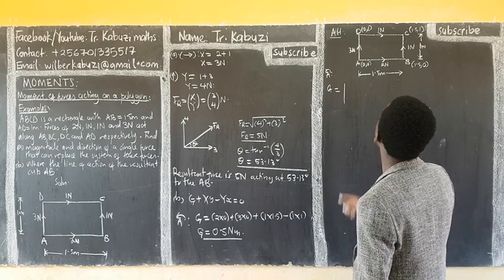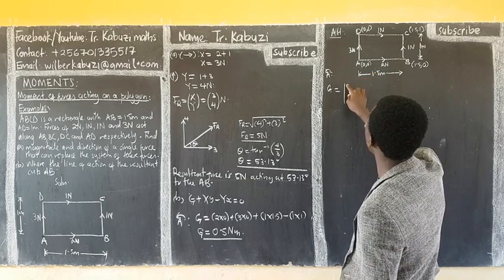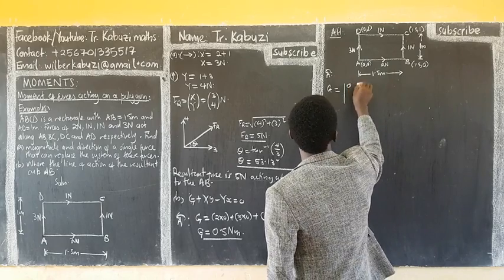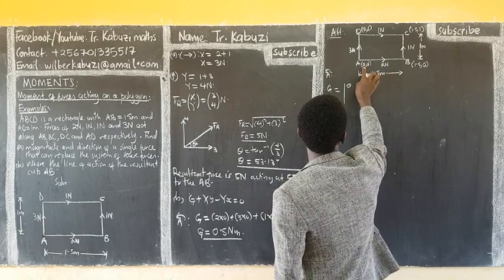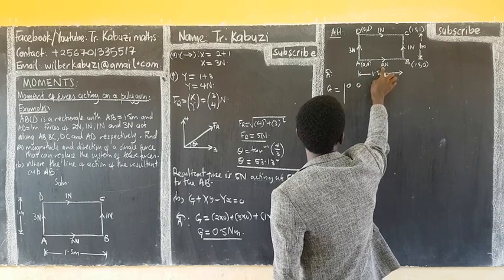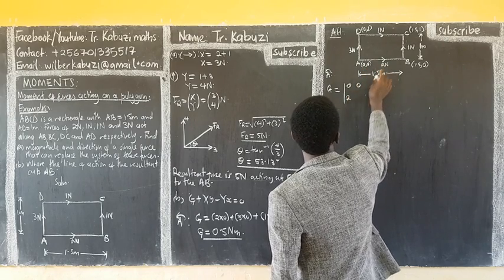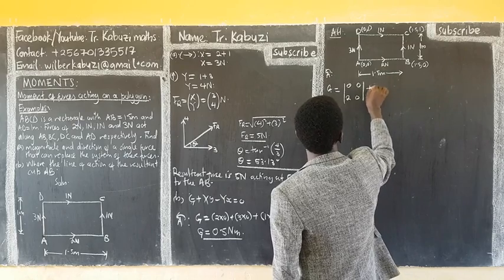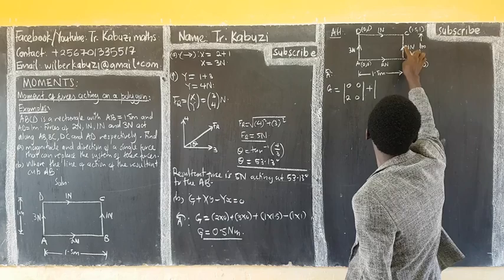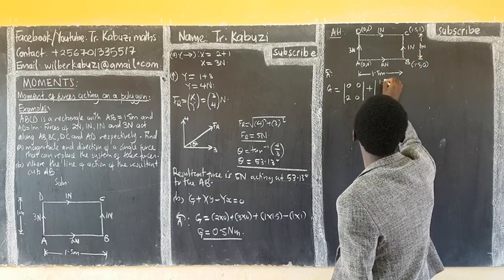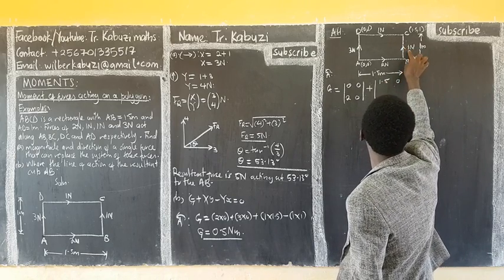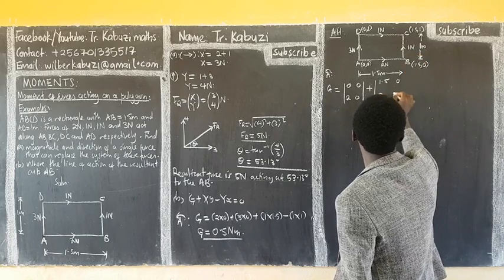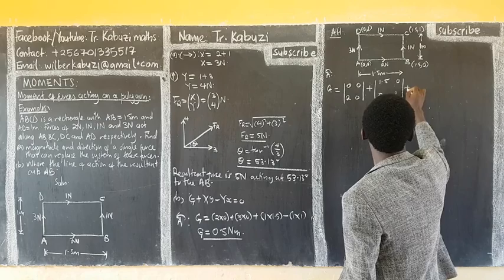anti-clockwise. Okay. So you see, we get the coordinates where the force is coming from. So this force is coming from 0, 0. So the force you start, the horizontal is 2, the vertical is 0. Then plus. This force is coming from 1.5, 0. This is the vertical, means it doesn't have a horizontal.